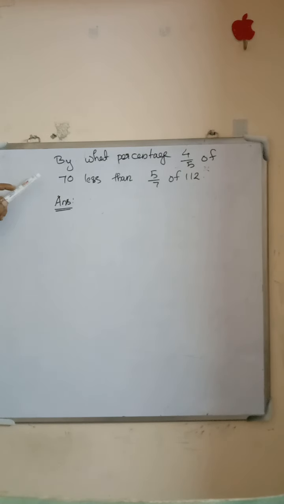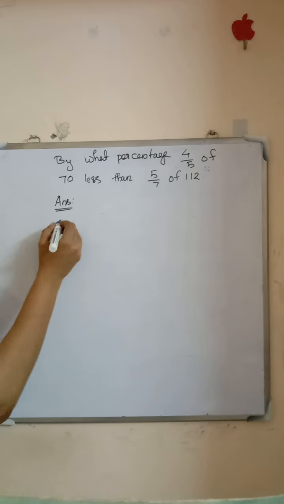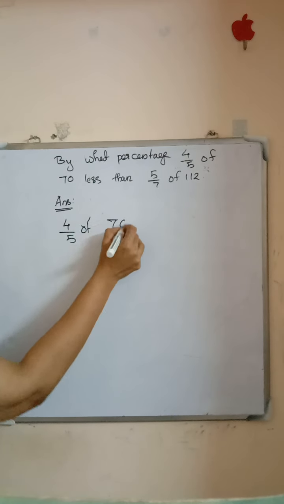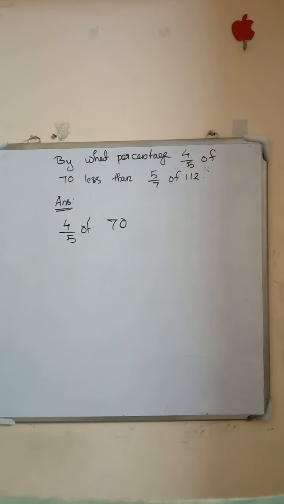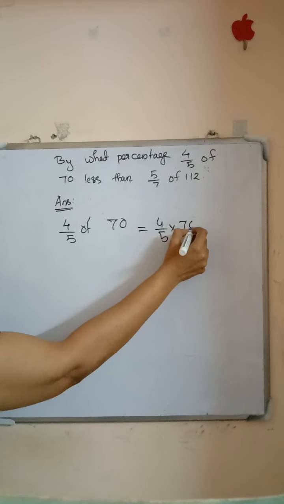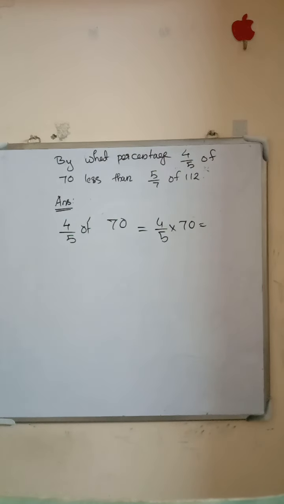By what percentage is 4 by 5 of 70 less than 5 by 7 of 112? 4 by 5 of 70 is equal to 4 by 5 into 70.